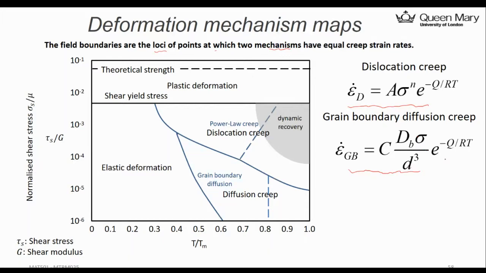The stress is not that important. If you want to find the boundary between grain boundary diffusion and dislocation creep, you make this equation equal to that.